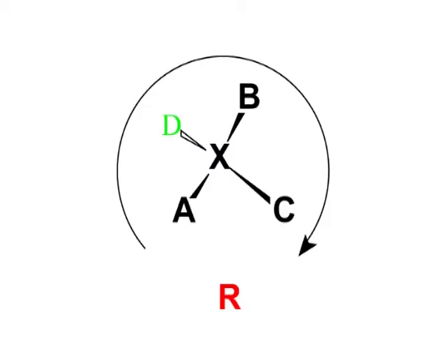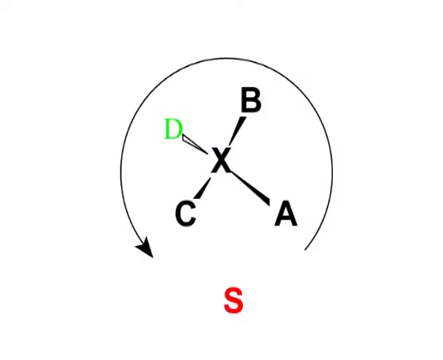First we have to set our priority, then we have to put an arrow. If the arrow is clockwise, the chiral carbon is assigned as R. If the arrow is counterclockwise, the carbon is assigned as S. I hope you are clear now. Okay, this is all about R and S nomenclature.